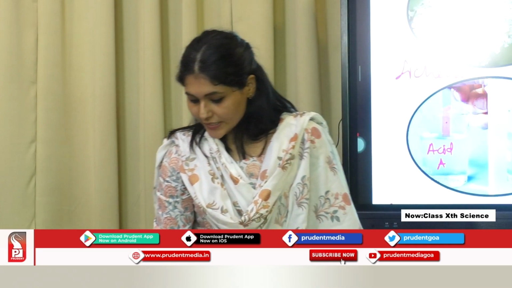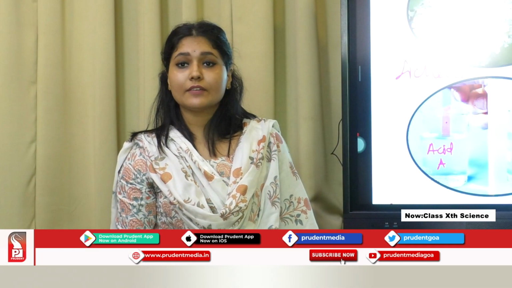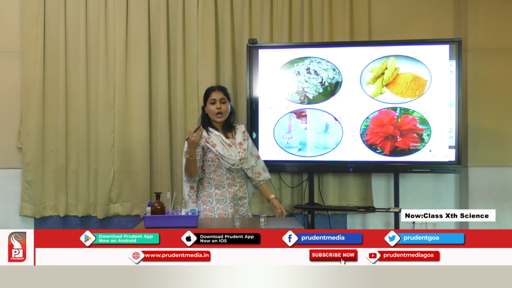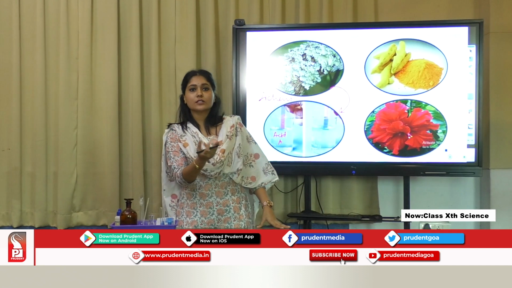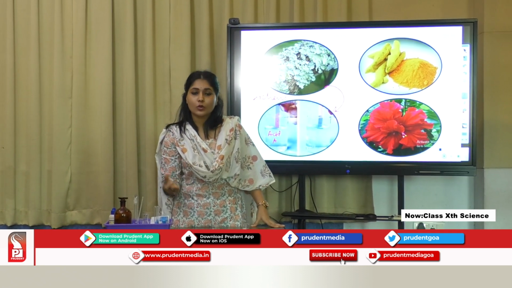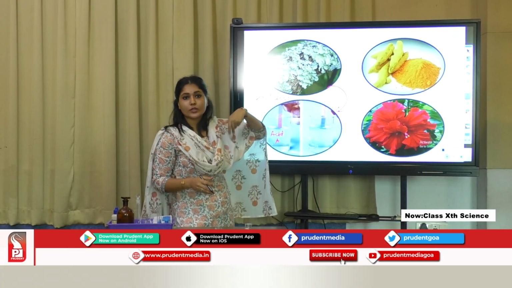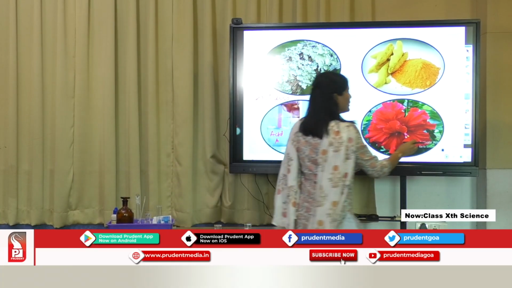So you see, indicators are very helpful in indicating whether a substance is acidic, basic or neutral. Now, litmus paper gives us a change in color from red to blue, but that does not mean all these substances like turmeric and China rose will give us the same change in color.